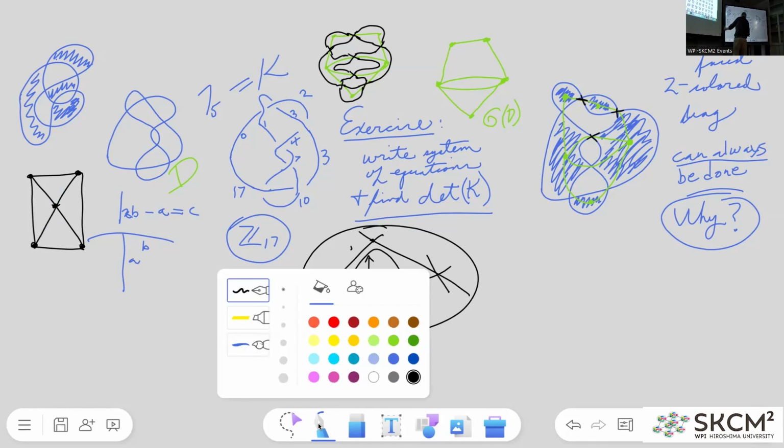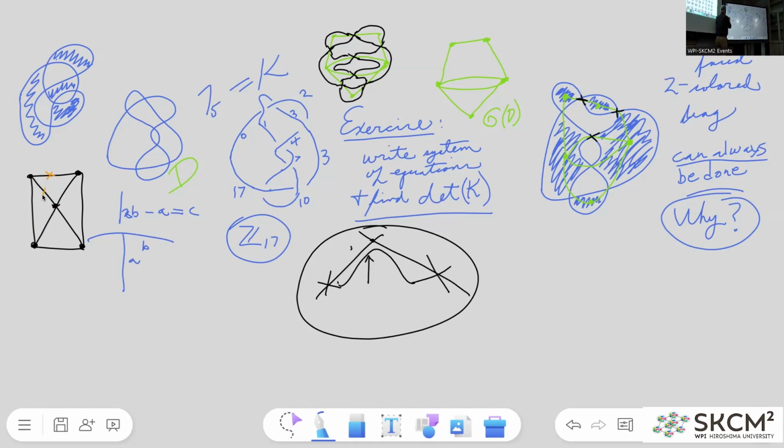So let's get another color back. How about this color? And I want to make the corresponding diagram. So I put an X at each one of the edges. And then I make my connections. Of course, I could make my connections by just walking along. Then I would be going inside and outside, and I'd have to keep track. But I can do it that way as well if I want to.